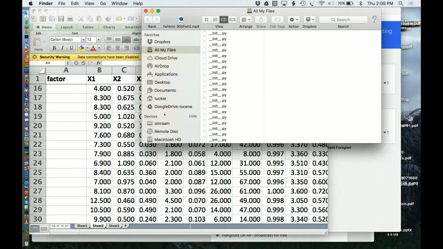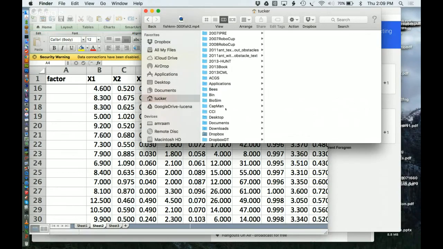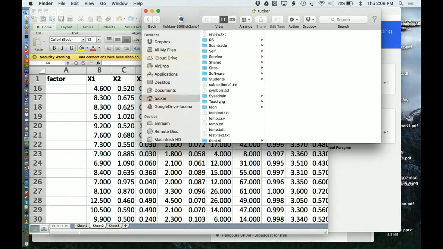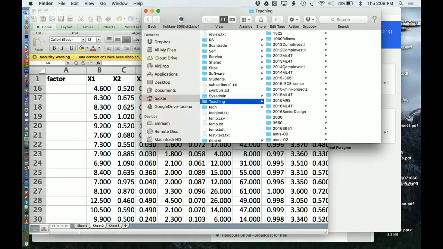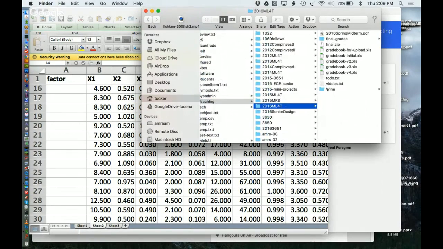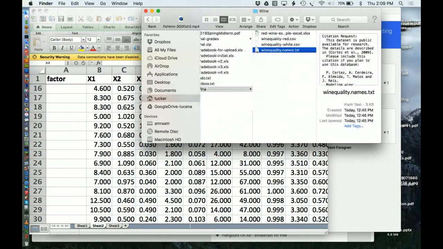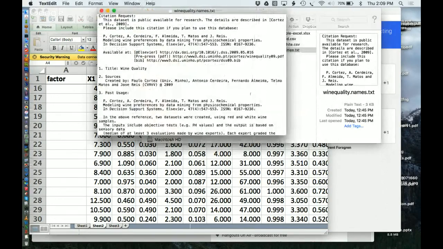And the one that we're going to use is one concerning wine. And I want to go ahead and properly credit the people who created this.